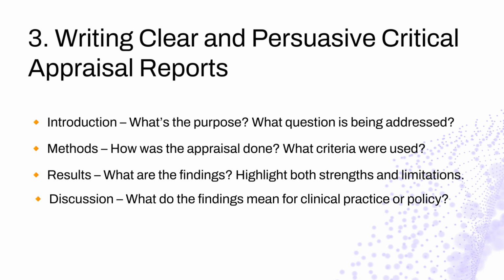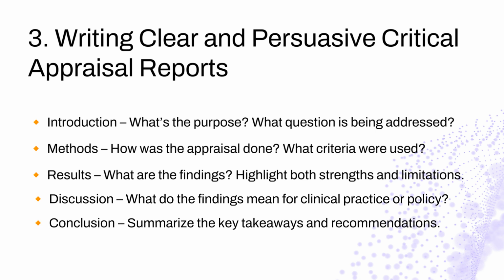Discussion: what do the findings mean for clinical practice or policy? Conclusion: summarize the key takeaways and recommendations. Best practices: use active voice for clarity, be concise, focus on essential data, and avoid unnecessary jargon. Ensure precision, back up findings with specific terms, numbers, or visuals. Example: instead of saying, "It was found that patients benefited from treatment," write, "The treatment reduced patient mortality by 20%."